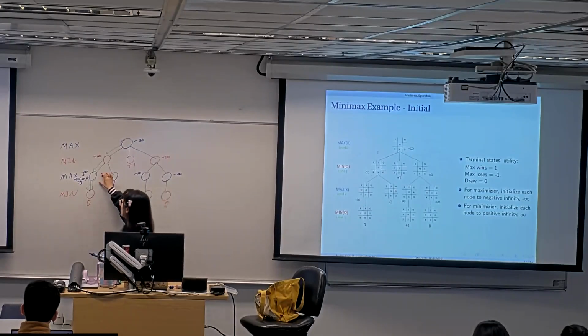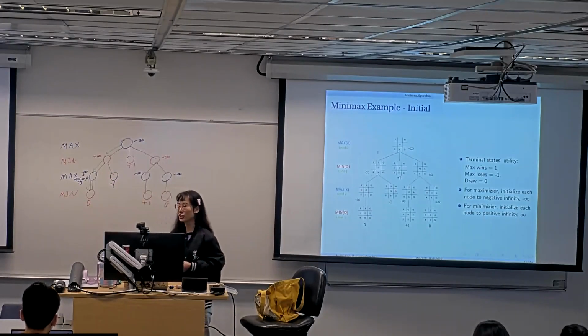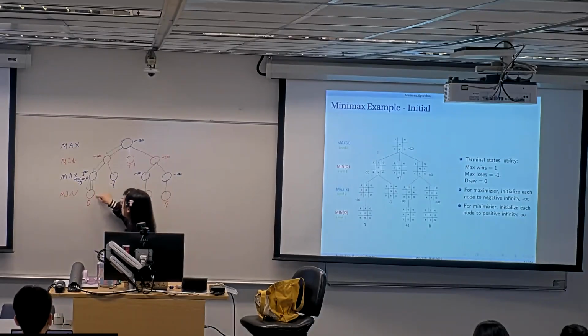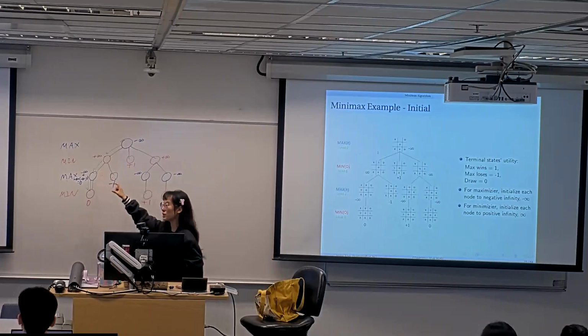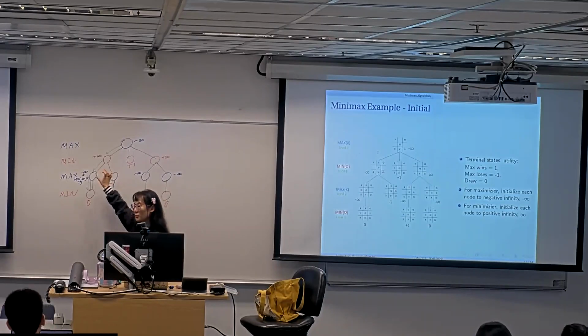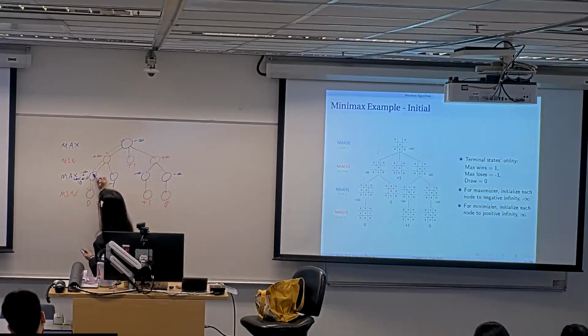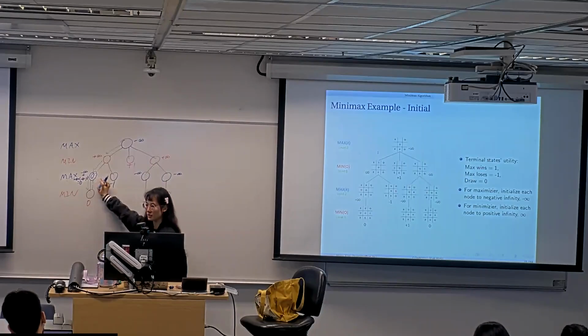So after that, this max node updated to 0, and this is the only child node for this node. So that means for this node, all of its children already being evaluated, and the end value for this max node is 0. So actually, we finish evaluating this node. The value of this max node is 0. It received the value from its child node.